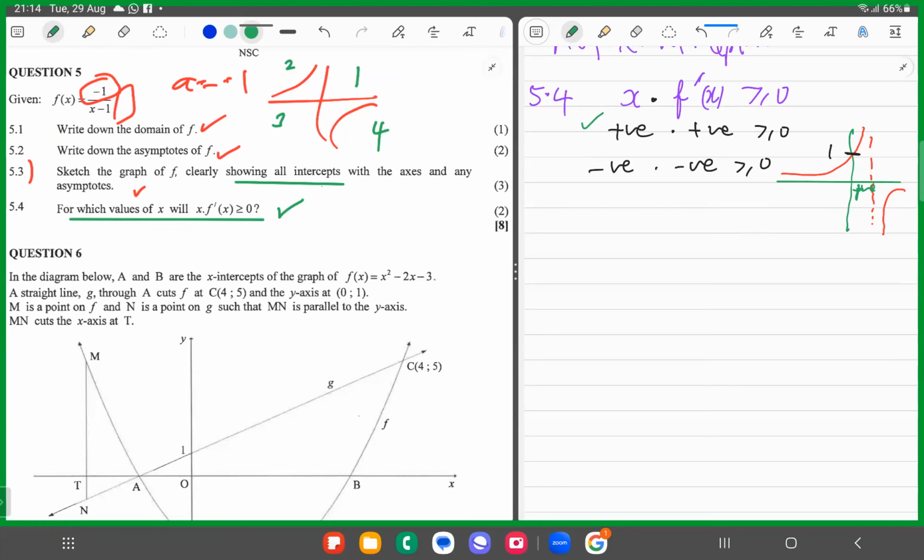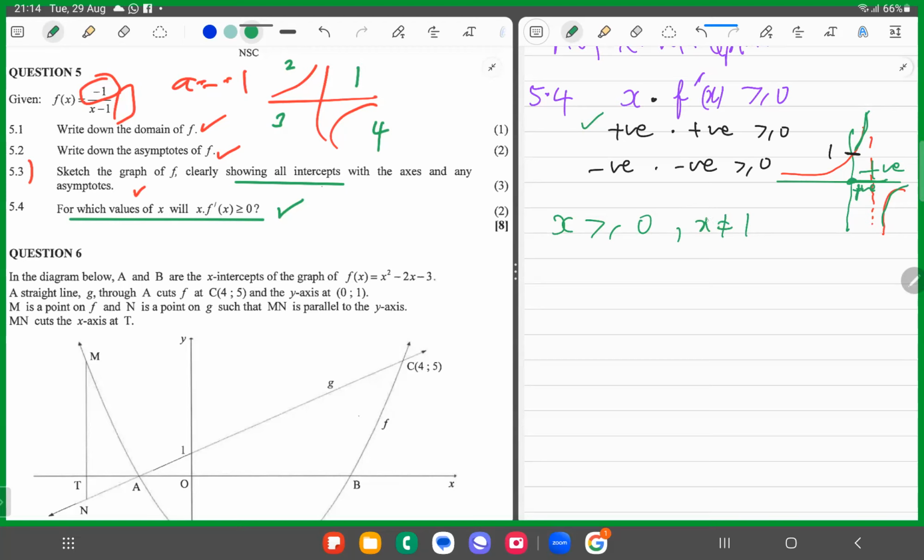So where is that the case? In other words, we can see that it's when x is greater or equal to 0, because immediately when we move like this, x is positive everywhere, and the function is sloping up. But also here the function is also sloping up. So in other words, x must be greater or equal to 0, but not 1.